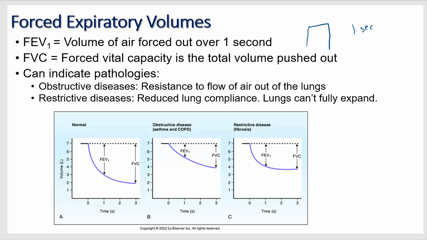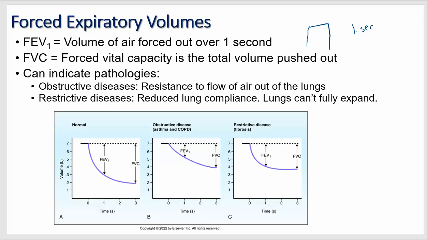How much air can you get by blowing through a straw versus blowing through a paper towel roll? Because the paper towel roll is a lot wider, you can push a lot more air in 1 second than you can through a straw. So that's what our FEV1 is, and it can give us an indication. Is the airway obstructed?